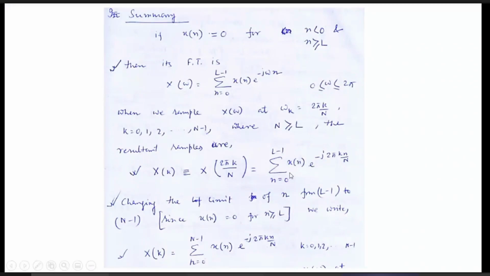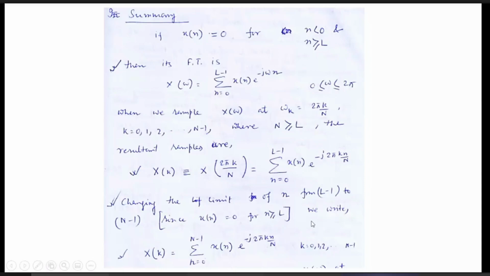We represent the discrete Fourier transform as x of n e to the power minus j 2 pi k n by N. Here omega would not be used in the discrete Fourier transform; it is the sampled value 2 pi k by N. That is the important difference.